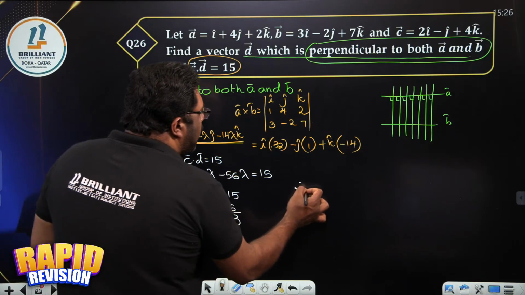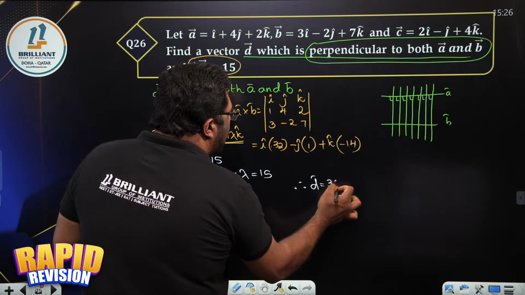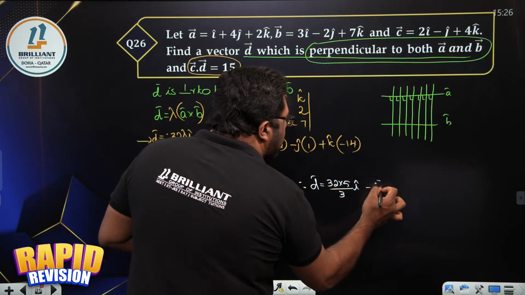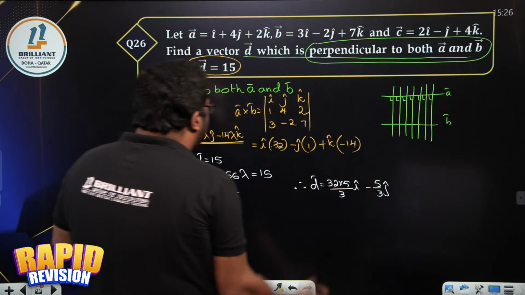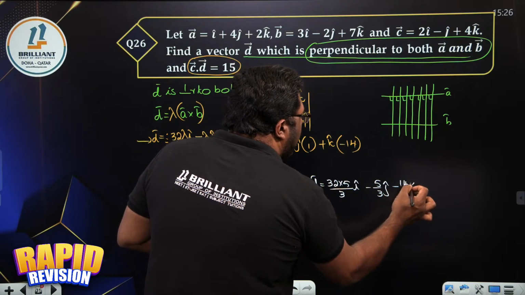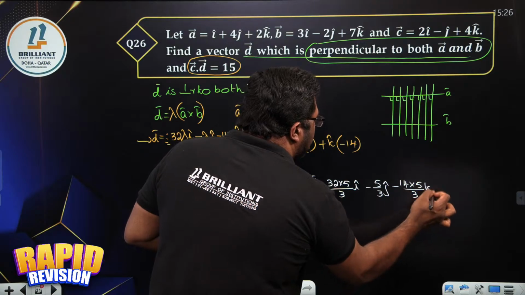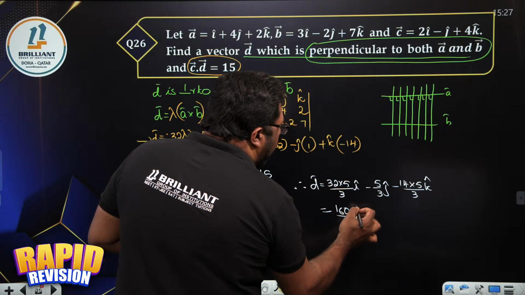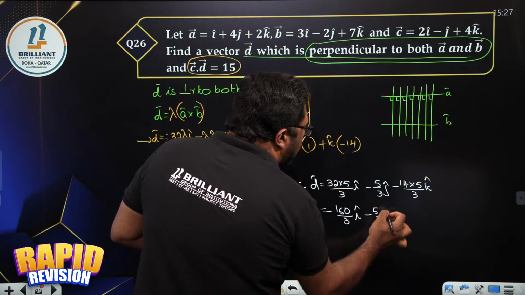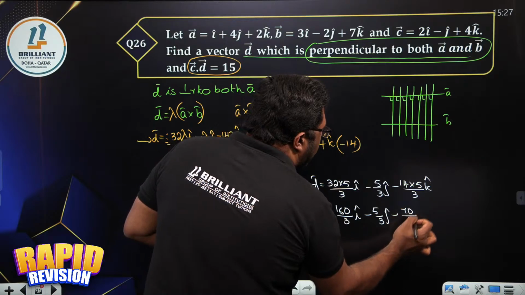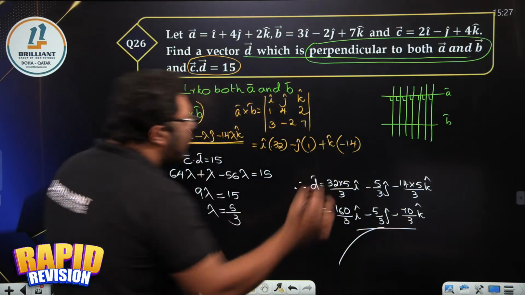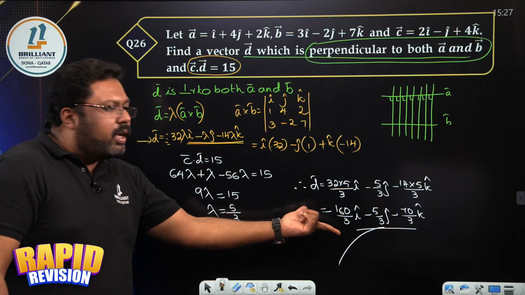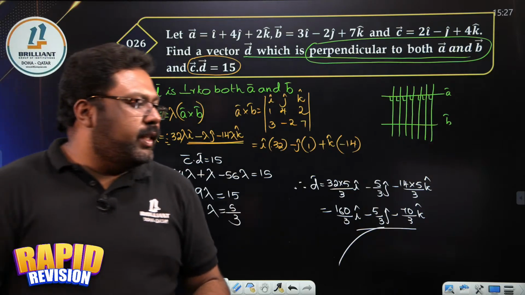Okay, therefore what's D? 32 into 5 by 3 I minus 5 by 3 J minus 14 into 5 by 3 K. So it's 160 by 3 I minus 5 by 3 J minus 70 by 3 K. I'm sorry, my dear students. So calculation mistake, it was not 30, it was 32. That's why we got a different answer. Please correct it, all of you.